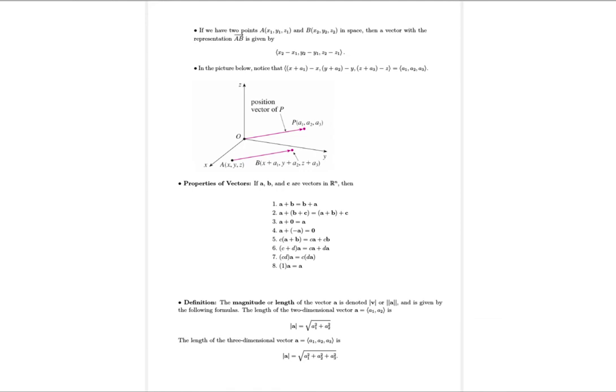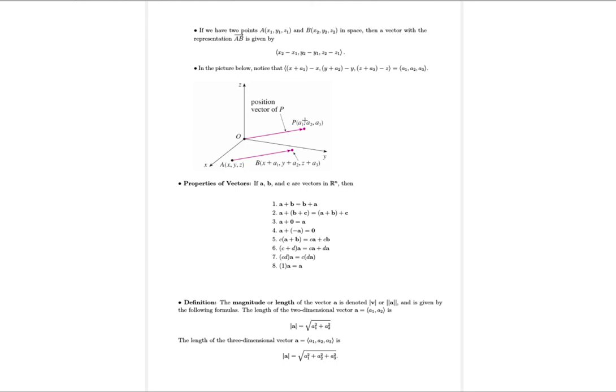All right, and the same thing I can emphasize in 3 dimensions, right? So here's a vector in 3 dimensions, a1, a2, a3, but this is the same vector that goes from the point x, y, z to the point x plus a1, y plus a2, z plus a3. It's the same exact vector, and if I were to take this minus this, I of course get a1 again, right?